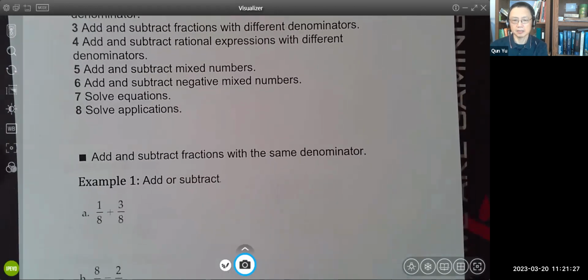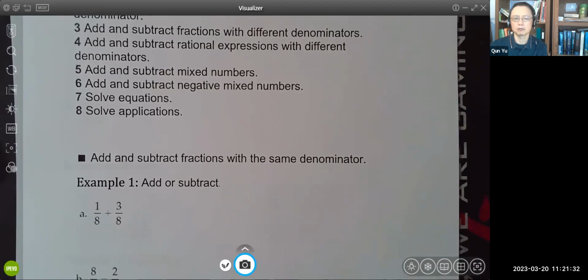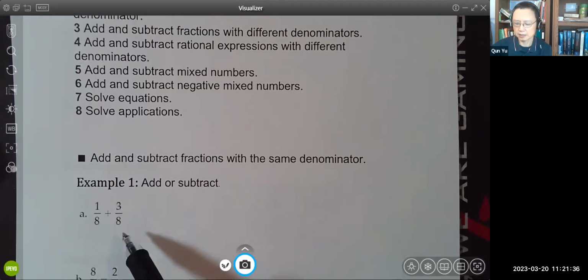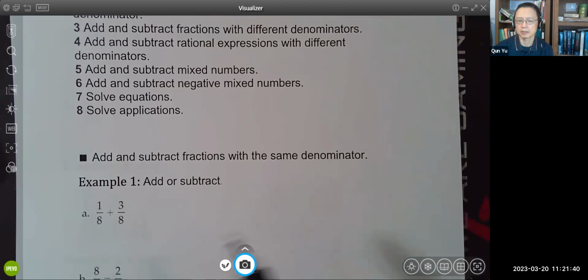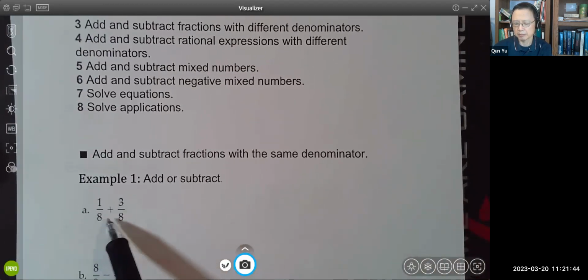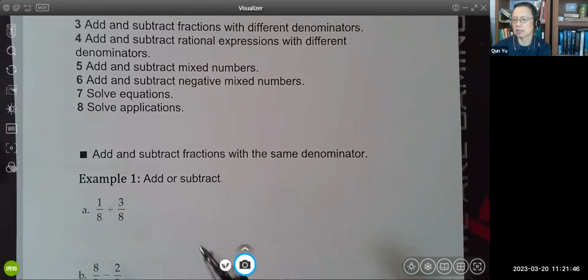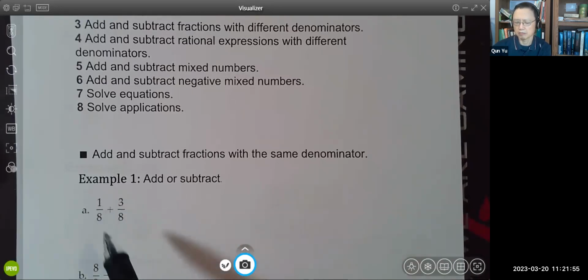First, we have this example. We add fractions with the same denominator. And this one is basically very intuitive, very straightforward. When you add 2 fractions with the same denominator, you just add, actually subtraction is the same. You add or subtract with numerators. 1s plus 3s certainly is 4s.